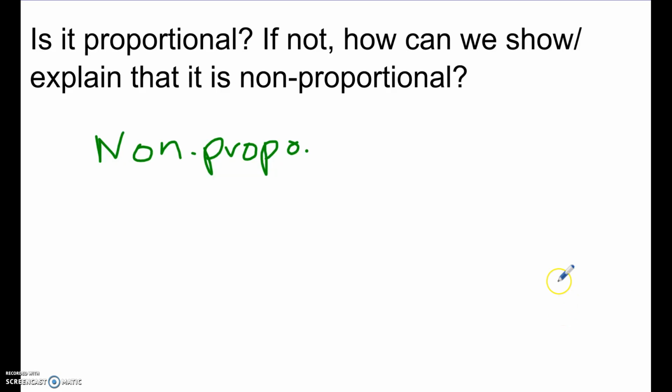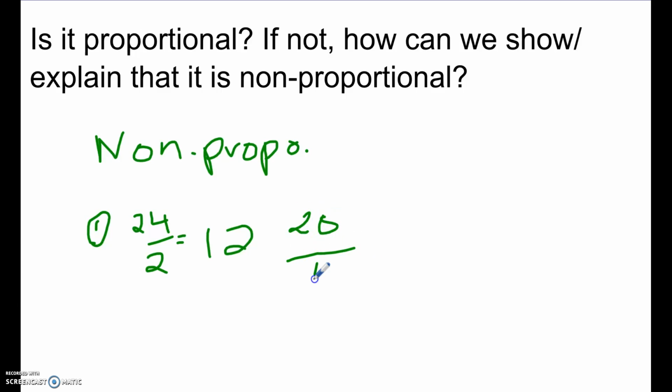I'm going to abbreviate there, guys, so we can keep moving on. And how can we explain that it's not? Well, number one, we can say 24 over 2 equals 12. What was another one? 28 over 4 equals 7.